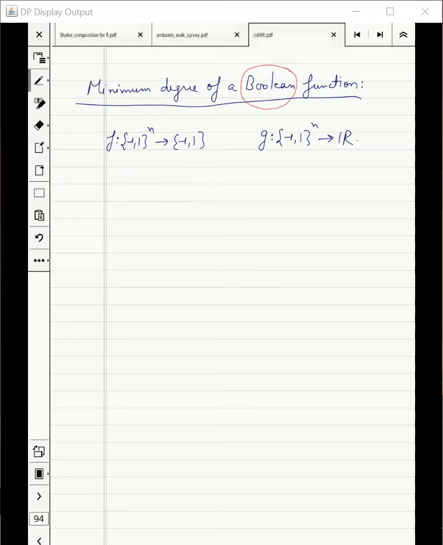Let me just start with some context so that we know what we are talking about. Obviously, all of you remember what the degree is. That is the size of the biggest S for which the Fourier coefficient is non-zero. That is defined as the degree, which is the same as how you would define it for a real polynomial.